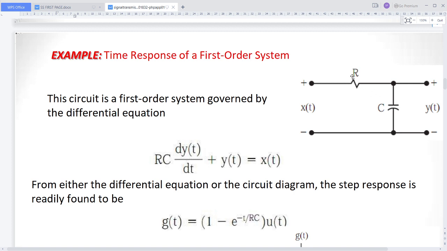The unit of the resistor is ohms, and the unit of the capacitance is farads, so that we have to examine what will be the y of t.